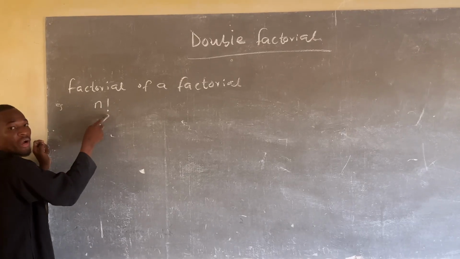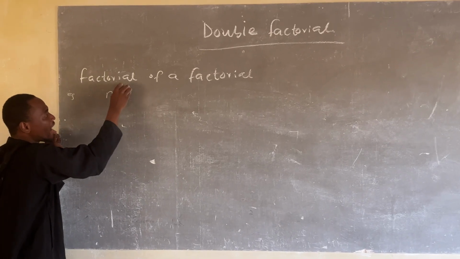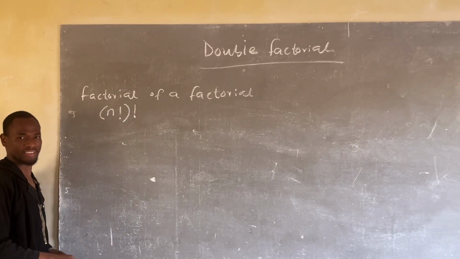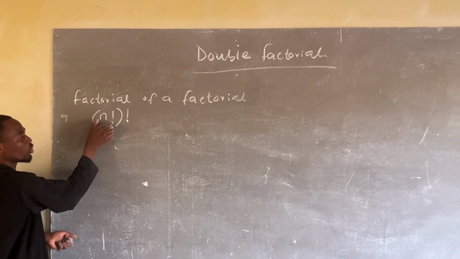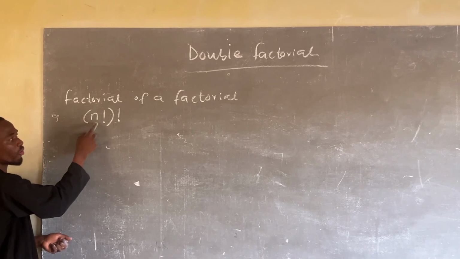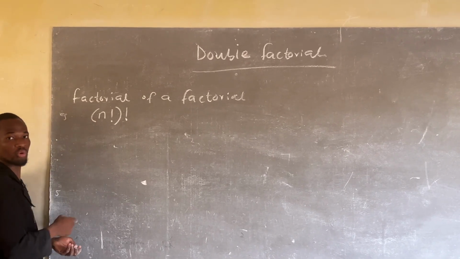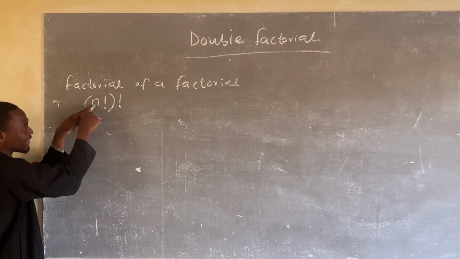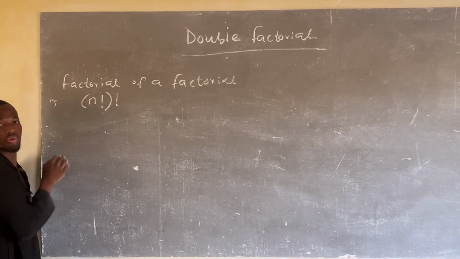So I have factorial of n, then its factorial, as simple as that. Do you get that? So factorial of this n factorial.